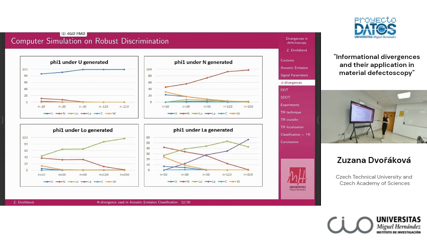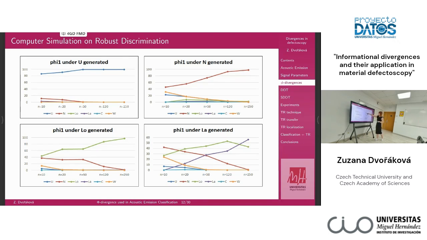So here is the result of the simulation. In the case of uniformly generated data, the phi divergence, denoted here as phi1, is able to recognize that these data sets come from the uniform distribution in most cases. Here it's in percentage. If we generate data from the normal distribution, we can see that the phi divergence works very well.